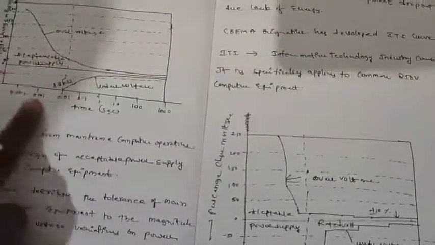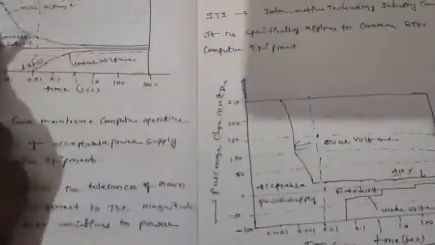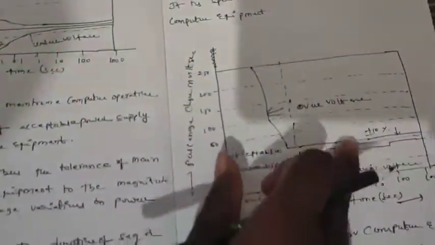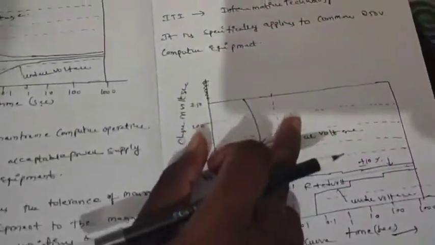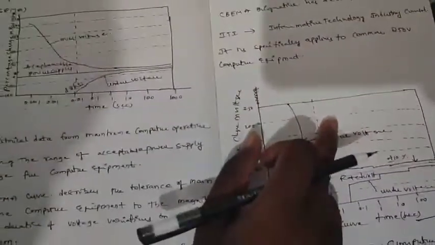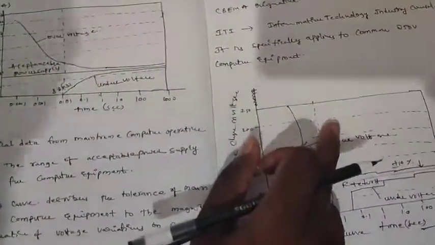We have an acceptable range, under voltage and over voltage. This is not assumed data; these graphs come from historical data from computer manufacturers. Same acceptable rated voltage, but here the tolerance value is plus or minus 10%. In case of over voltage we can get malfunctions of equipment, such as tripping.